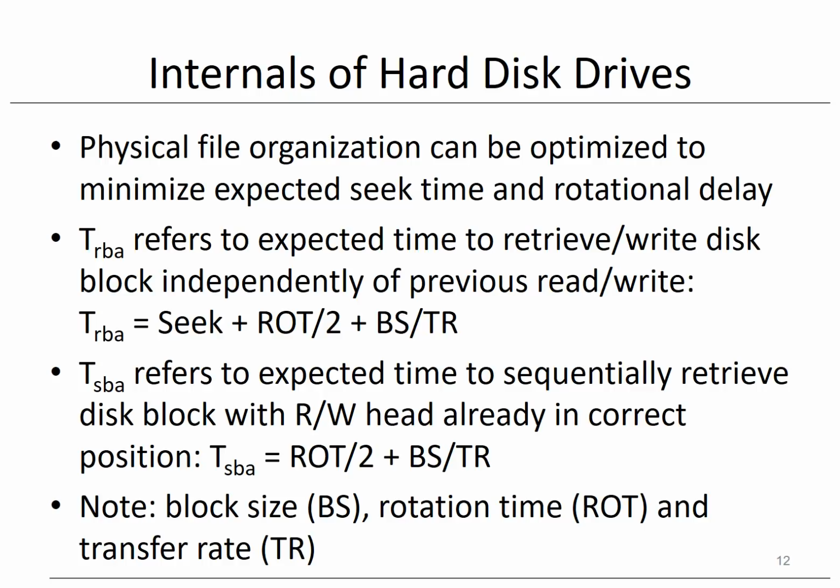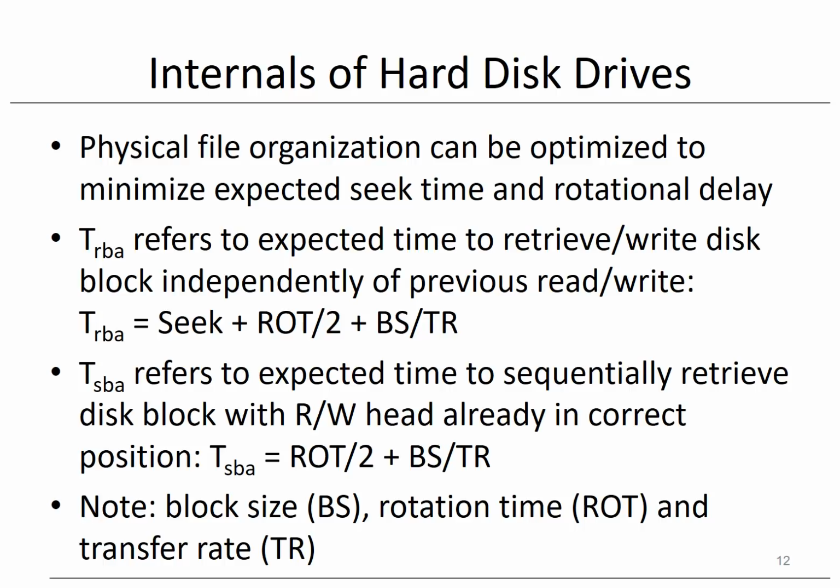Physical file organization can be optimized in such a way that the expected seek time and, to a lesser extent, rotational delay are minimized, and this may have a considerable impact on overall performance of a database system. For that reason, we discriminate between the expected service time for random block accesses, TRBA, and the expected service time for sequential block accesses, TSBA.